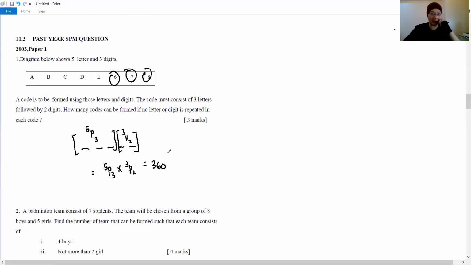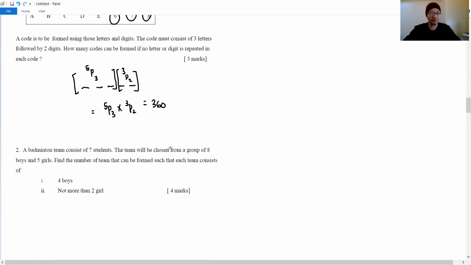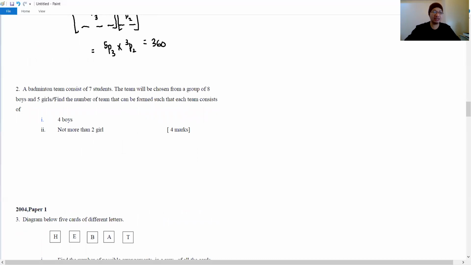Still in 2003, paper 1. Now, question number 2 here. A badminton team consists of 7 students. So we have 7 students in one team, and a team will be chosen from 8 boys and 5 girls. Find the number of teams that can be formed.